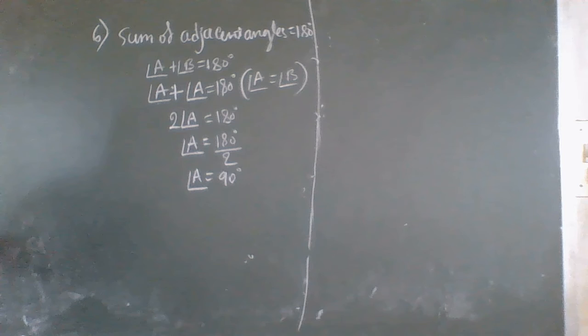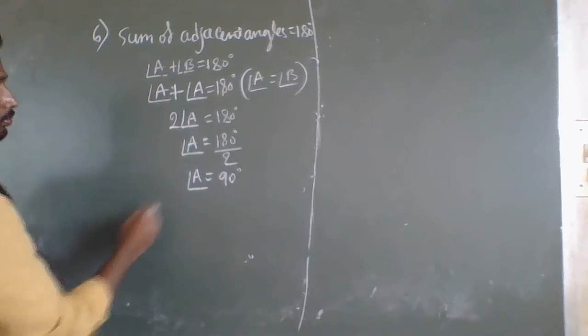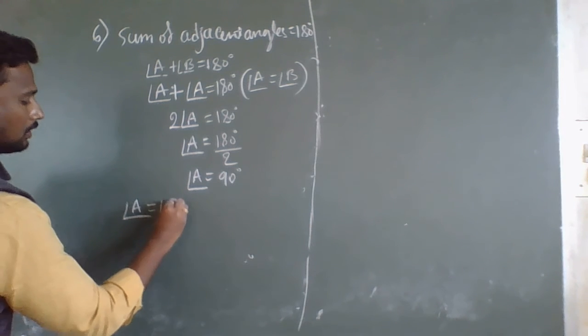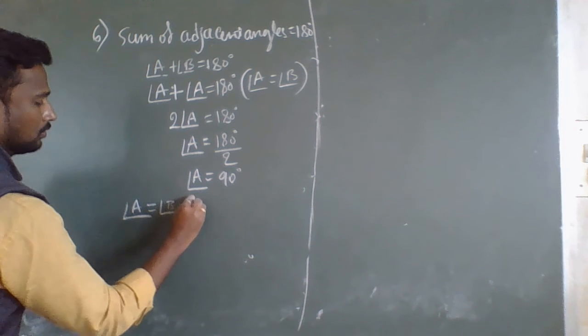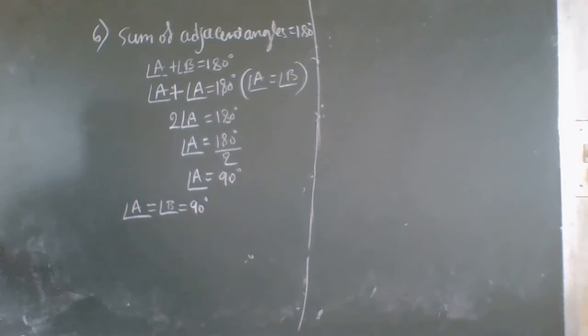So next, I considered angle A and B as adjacent angles, and it is given in the question that angle A is equal to B. Therefore, I can write here angle A is equal to angle B is equal to 90 degrees. Like this, the sum of adjacent angles should always be 180 degrees.